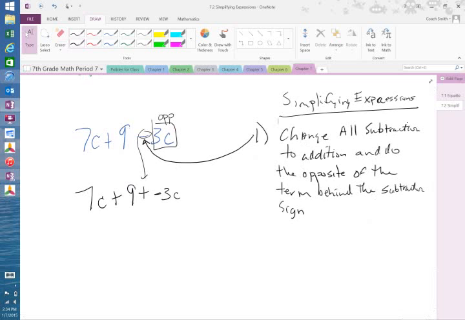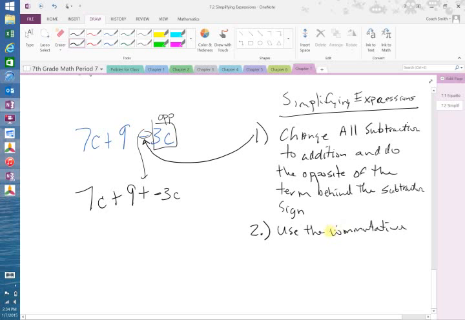Number 2 is use the commutative property of addition and rearrange terms to put like terms together.